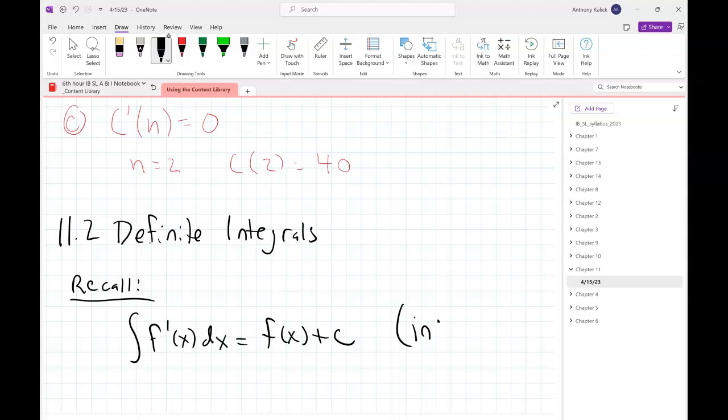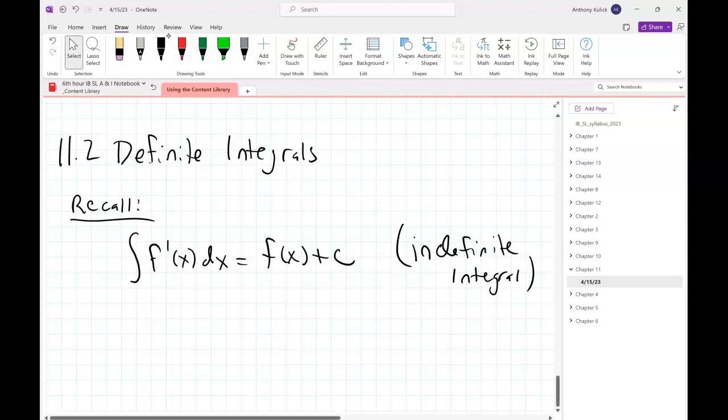This is sometimes called an indefinite integral. We say that it's indefinite because of the plus c piece. Alternatively, we can do what's called a definite integral.